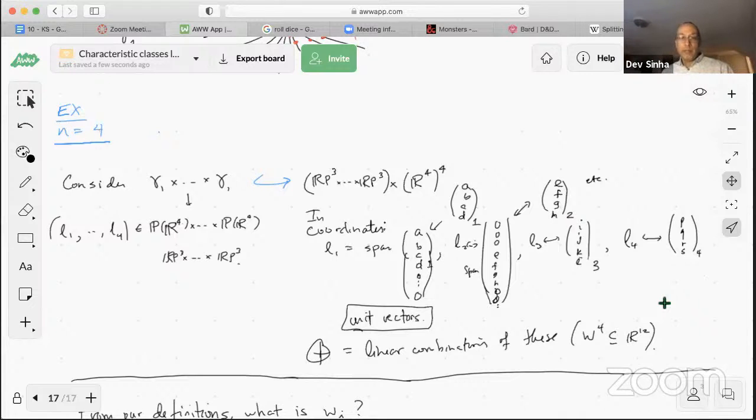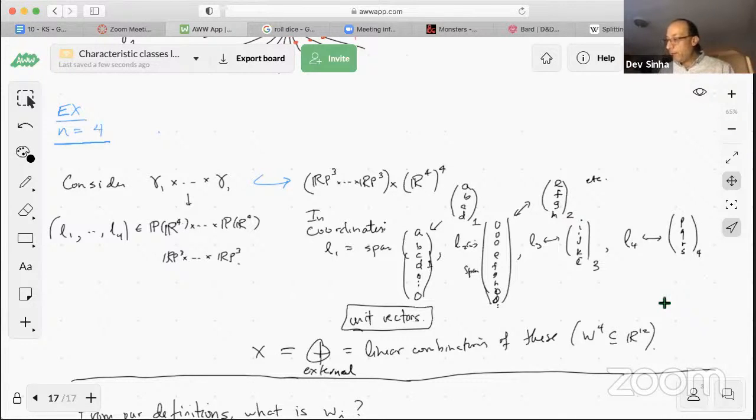And again, the external direct sum, which we've denoted with cross, just means taking linear combinations of these. I've got one vector in the first copy of R4, another in the second, another in the third, another in the fourth, and then I'm looking at all linear combinations, and that's how I get a plane. Okay, so that's what we're going to do for coordinates, and we're going to make our sections by projecting.